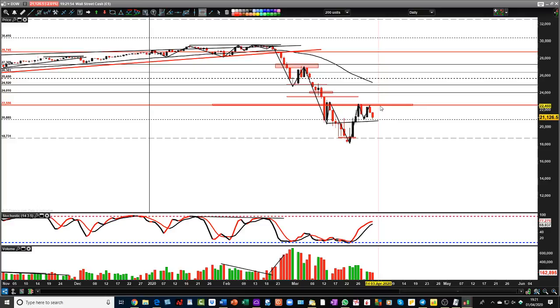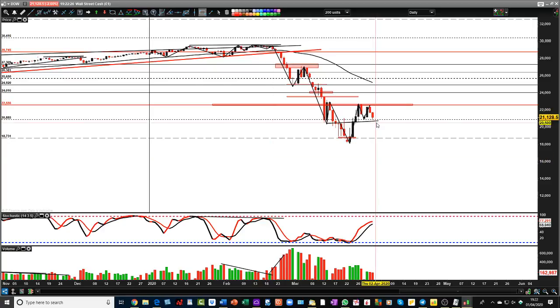So there are 3 corrective waves into this 25,560, and we're just attempting to hold this area here. If this doesn't hold, I think we will, like I said, come down to 18,000. And if we then ultimately break 18,000, then, as I said, 16.5 and 15 look likely at this stage.